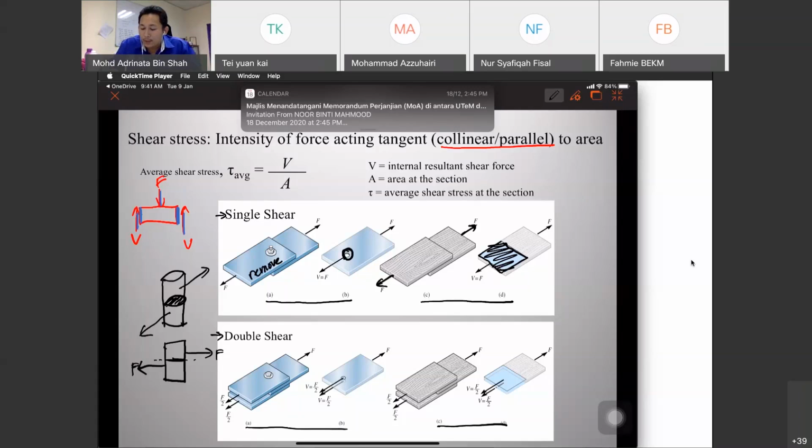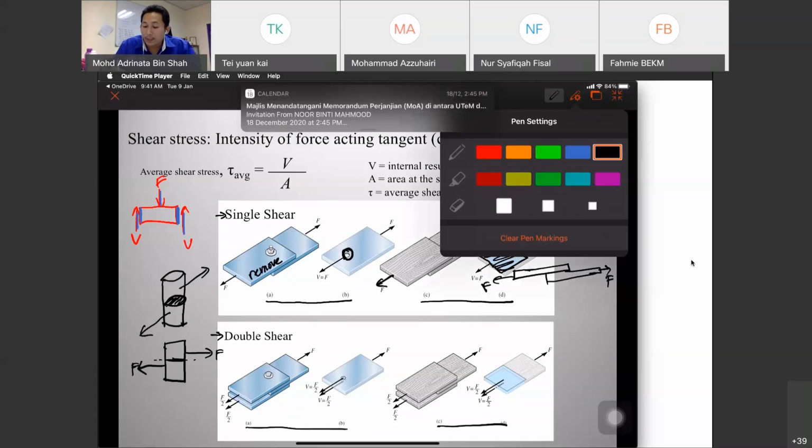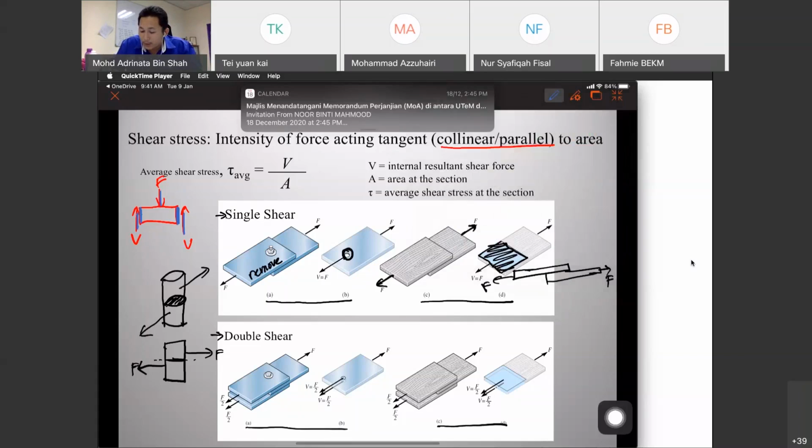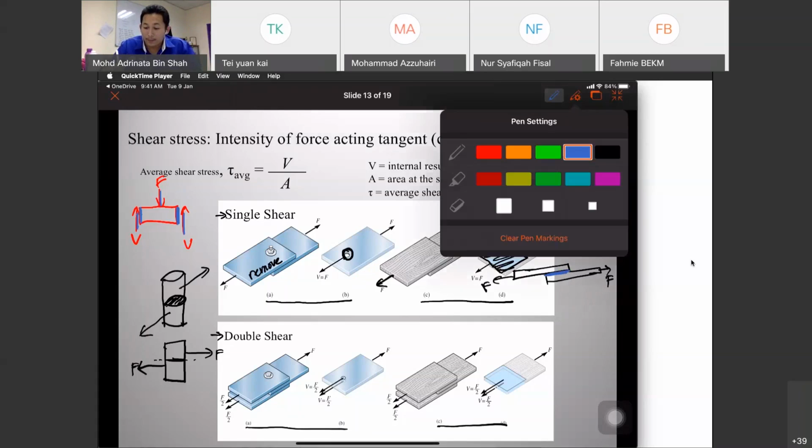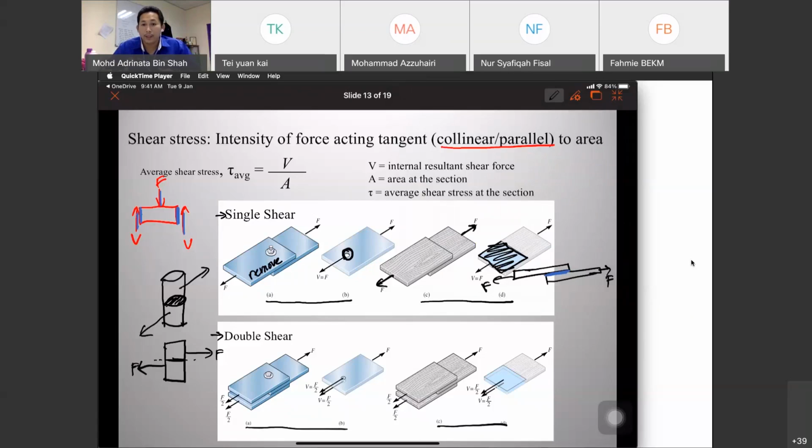If we look in 2D, the area acting for shear stress is this one, the parallel. So you have to make sure you understand the difference between normal and shear.